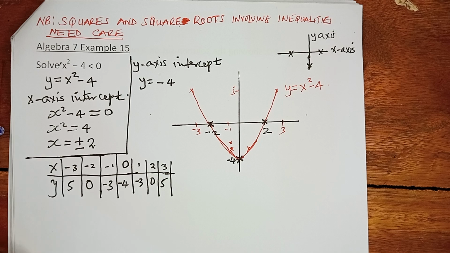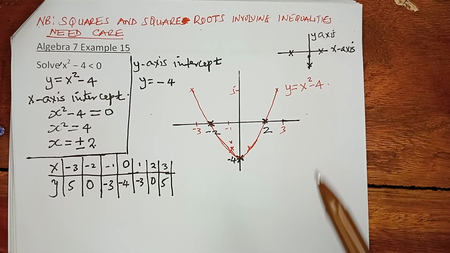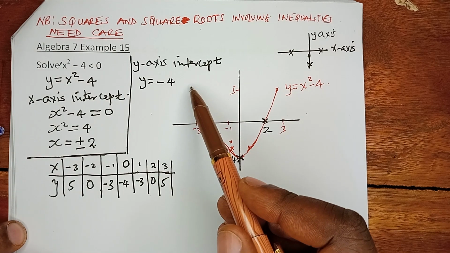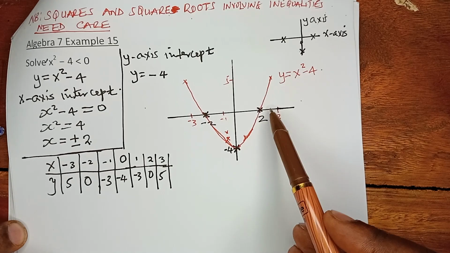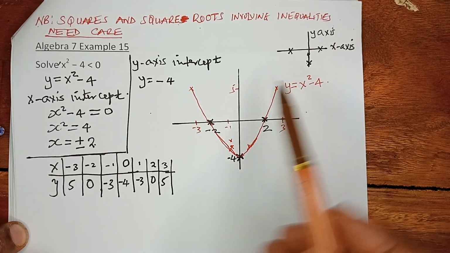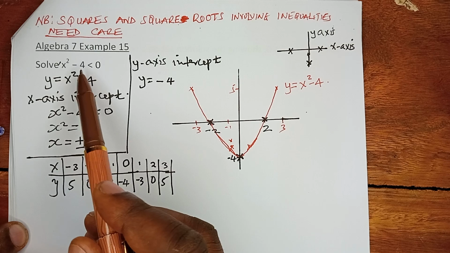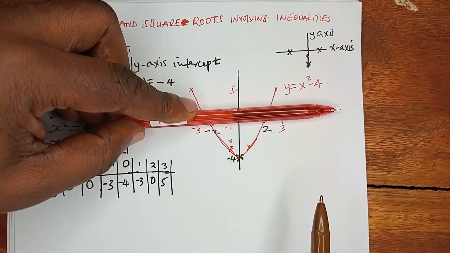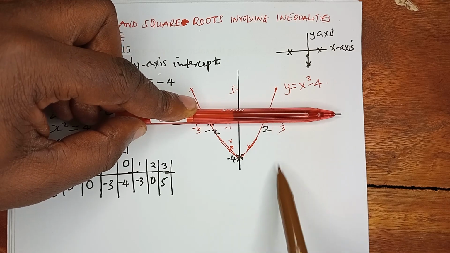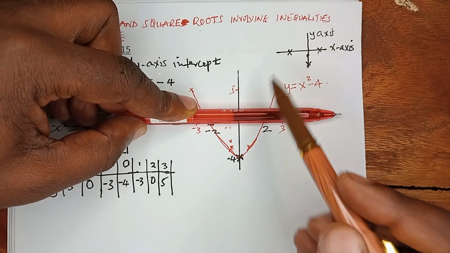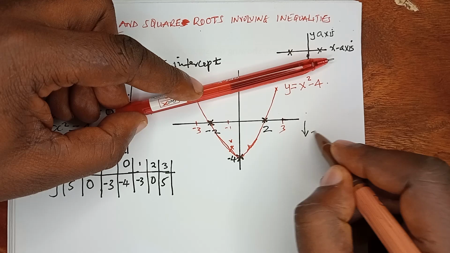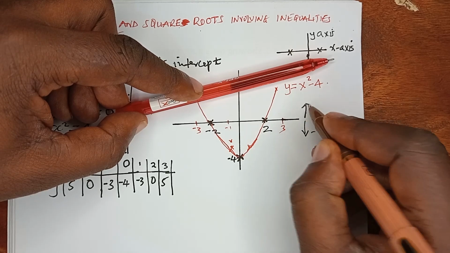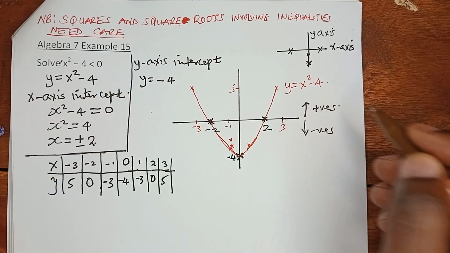It is now our duty to show that if this is the boundary, we need the values of y which are less than 0, such that this particular line is the boundary between negatives and positives. These are negatives and these are positives.